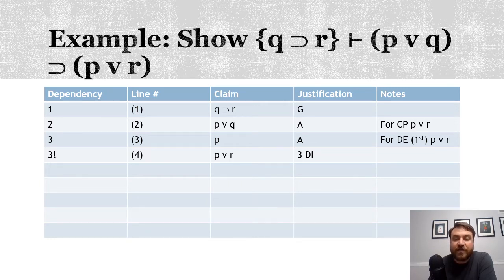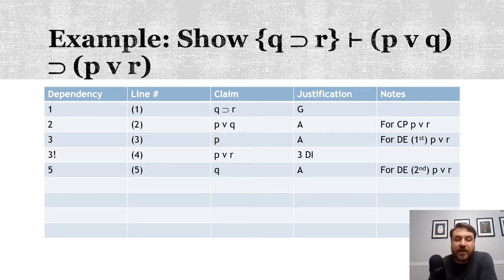So now a couple of things happen immediately. First off, the assumption that you made on line 3, the assumption P, gets discharged, because you assumed P. That's the first half of the disjunction, and you got your goal, P wedge R. And so now you can simply go on to assuming the second part of the disjunction, this Q here.